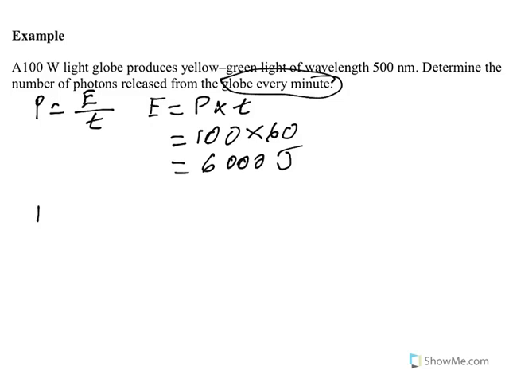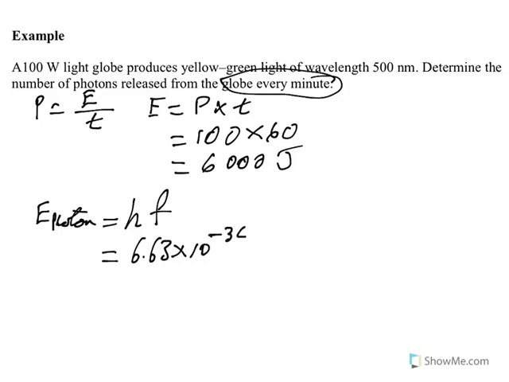So the energy of our photon, and I'm doing this slightly different than I did in the notes, but it's the same, just different. The energy of a photon is hf, where h is 6.63 by 10 to the minus 34, because we've got to work in joules, times the frequency.